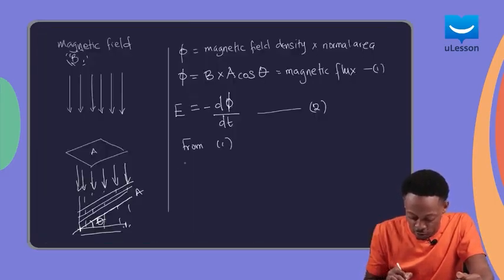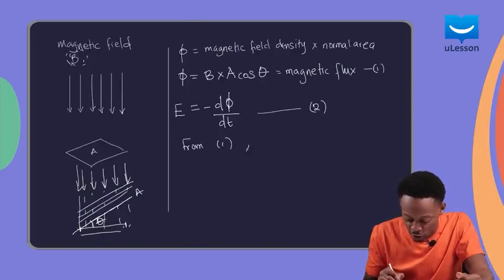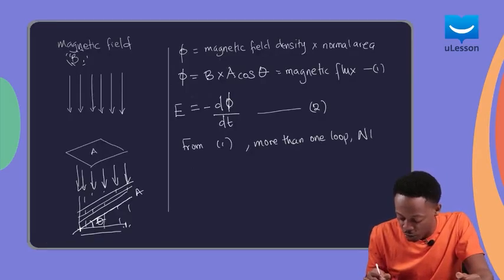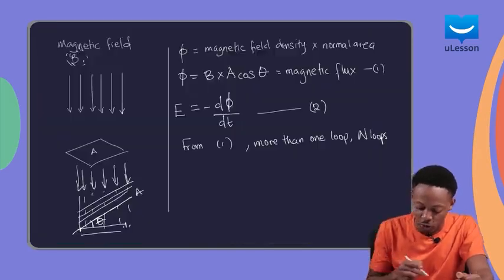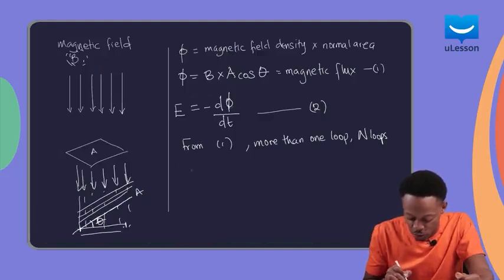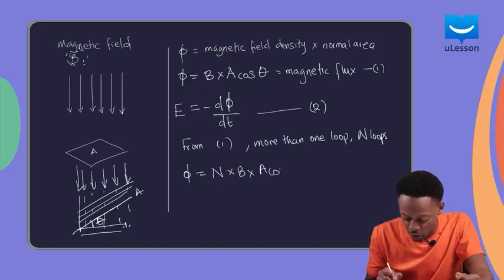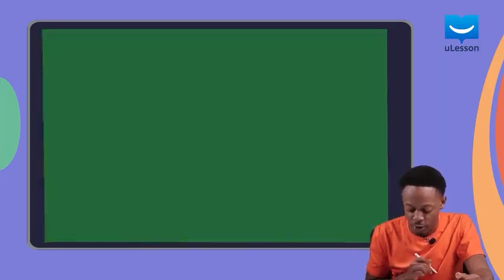So from 1, if we have n loops with all that area, the magnetic flux will be equal to n times B times A cosine theta, right?